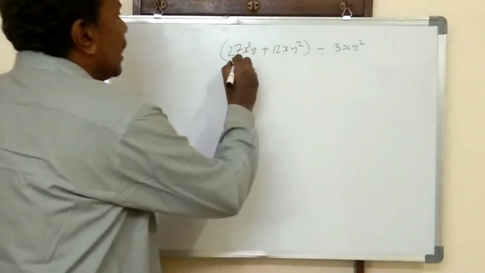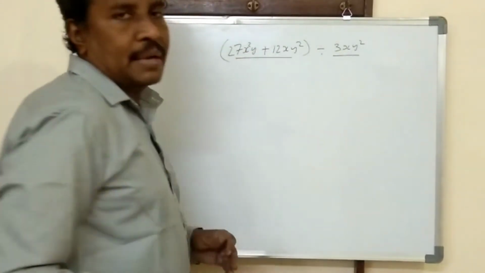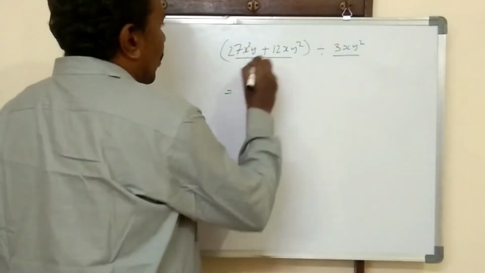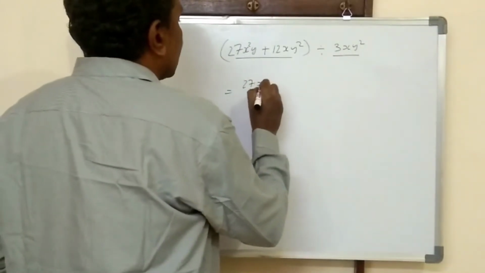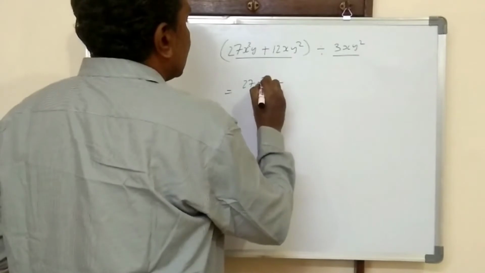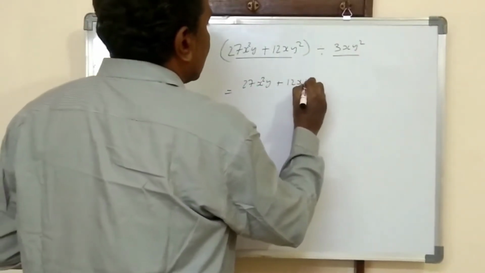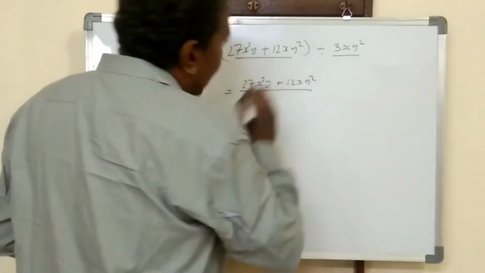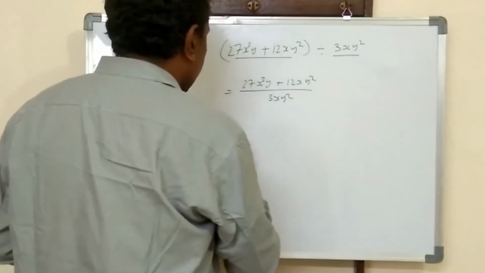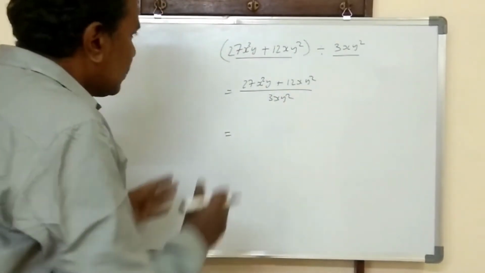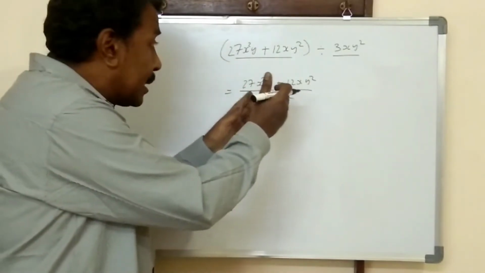How to divide a binomial with a monomial? First of all, write them in fractional form. That means 27x square y plus 12xy square by 3xy square.